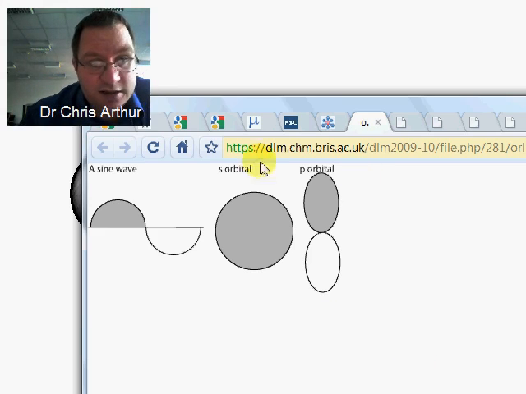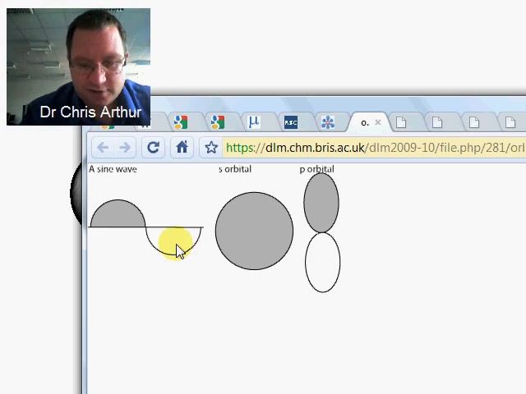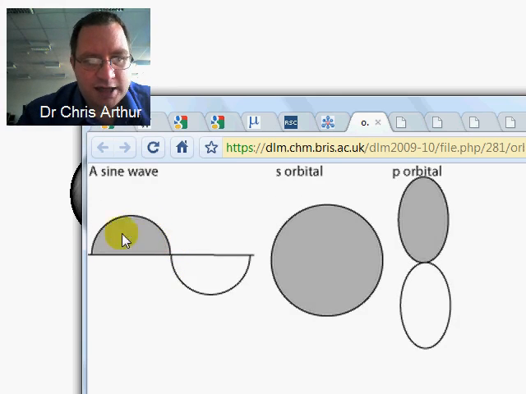Here is a sine wave, and you'll see that part of the sine function is above the line, and I've shaded that in grey, and part of it is below the line, so I've shaded that in white. So we have a positive phase and we have a negative phase.